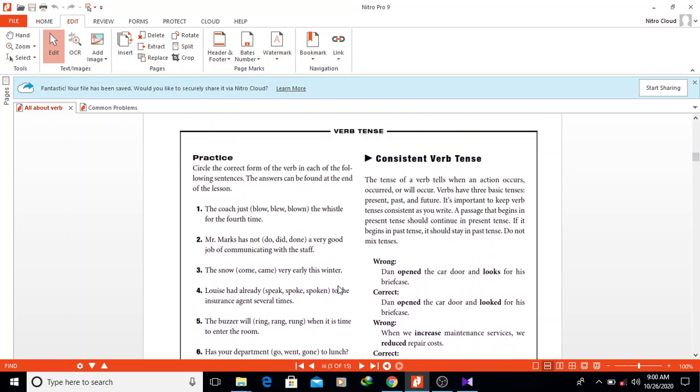So it's about consistent verb tense. When you write a paragraph, of course you will use many verbs. You will not use just one verb, and sometimes we get confused, or we forget to be consistent when we use verbs.